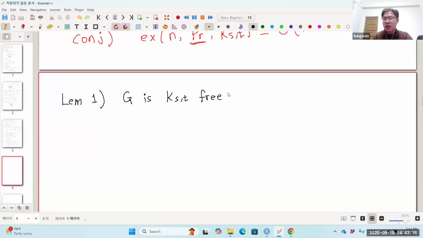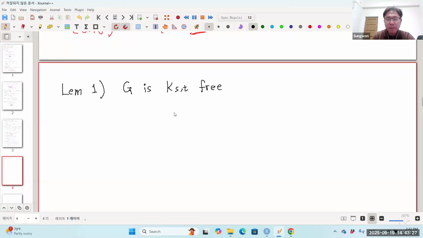In other words, the graph does not have a complete bipartite graph with one side of size S and another side of size T. Then we have this inequality: the sum over vertices x in V of the degree of x choose S is less than or equal to the order of N to the S.